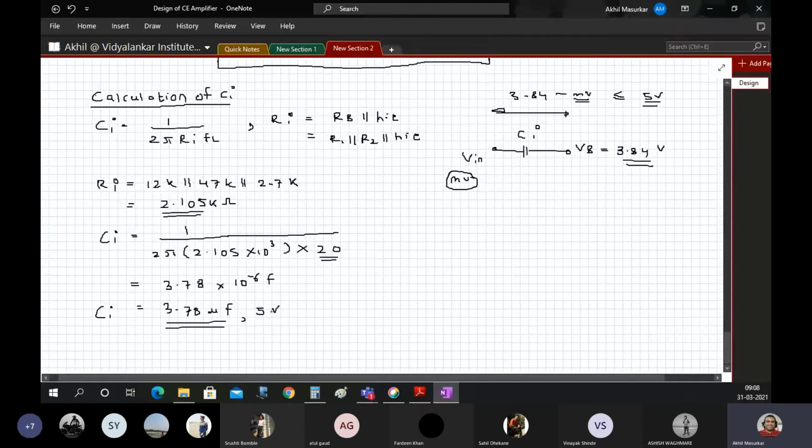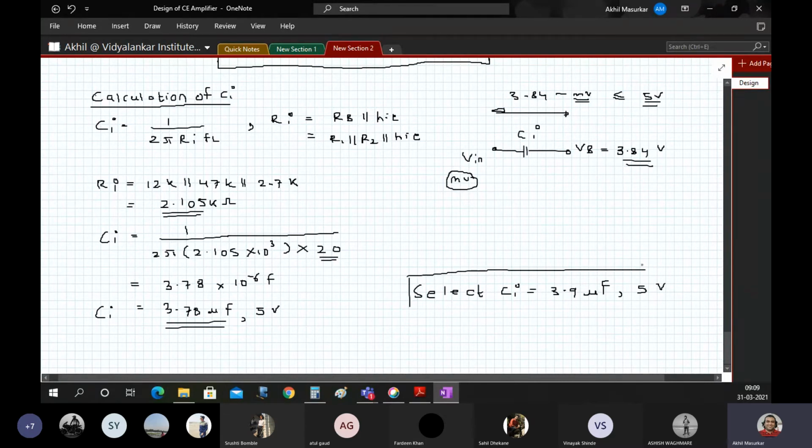So now I will write here select Ci as the standard value. 3.78 is not the standard value, so 3.9 is the closest one. Select Ci equal to 3.9 microfarads, 5 volts.